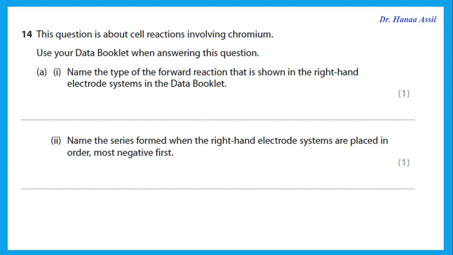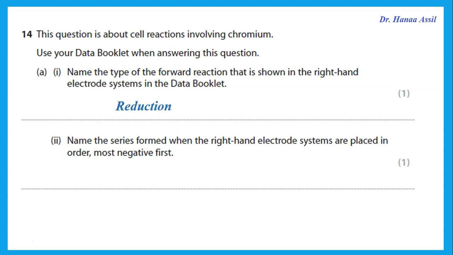This question is about cell reactions involving chromium. Use your data booklet when answering this question. Name the type of the reaction that is shown in the right-hand electrode systems in the data booklet. Remember that the reactions that we have in the data booklet show the reduction of each of these species.